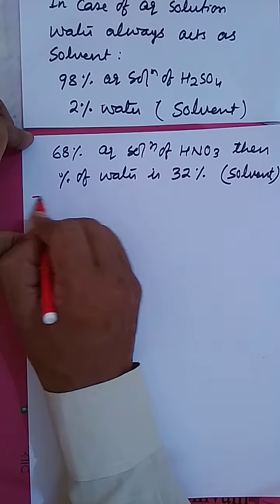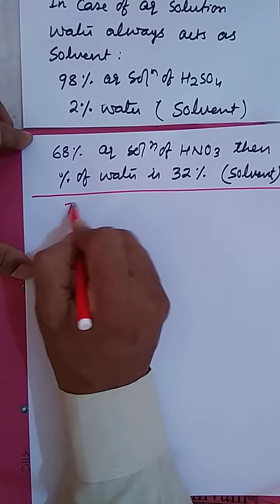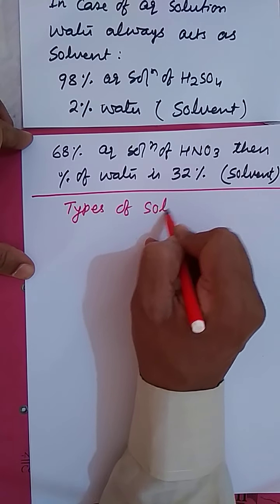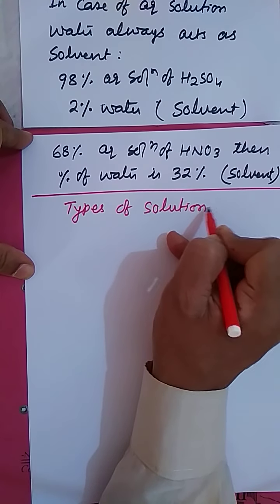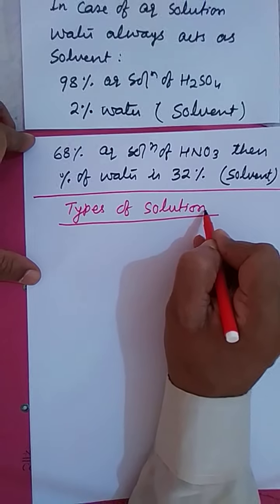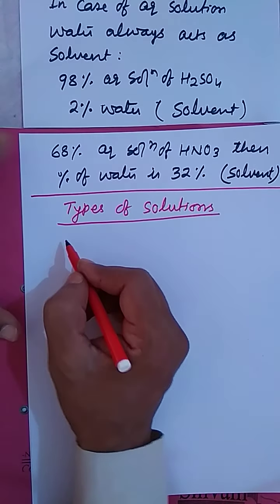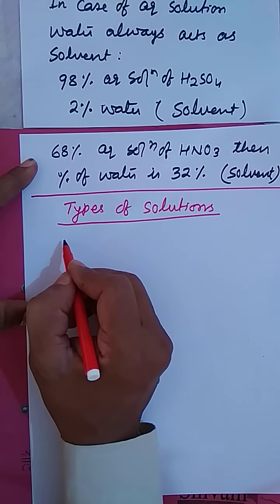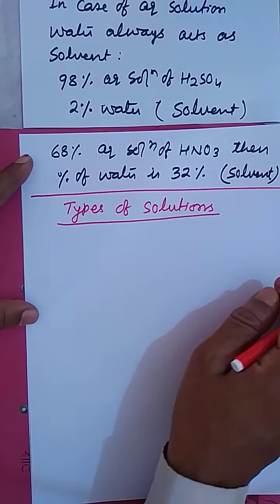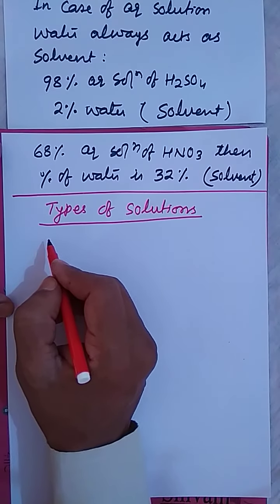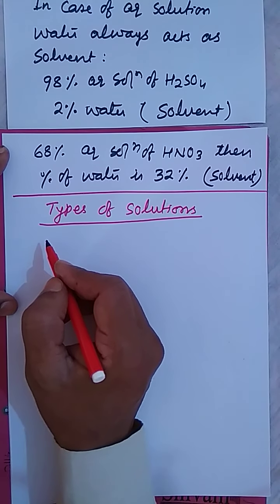Now we will see types of solution. Friends, there are so many types of solution. You can prepare solution with the help of solute and solvent. So solute and solvent may be solid, liquid or gas.